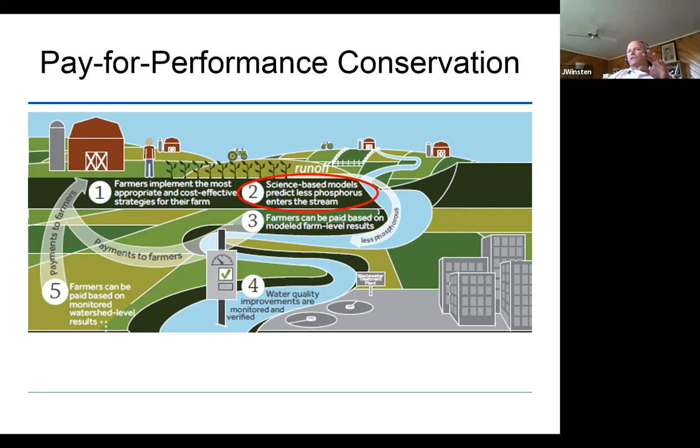We also put cost information with that, and we give that information to farmers, and they make the decision on what's the most appropriate and cost-effective thing for them to do on their specific fields. And then in the pay-for-performance part, the farmers get paid based on what the model says their performance is. We'll talk more about the pros and cons of this in a few minutes.